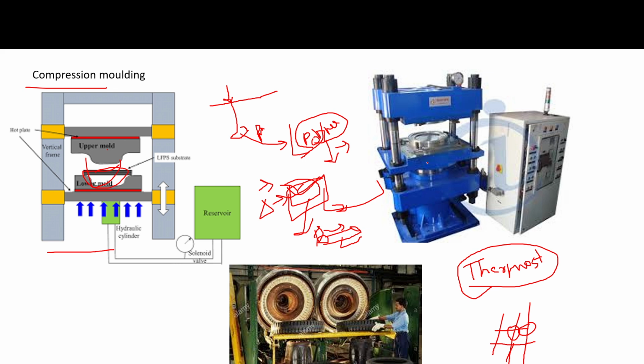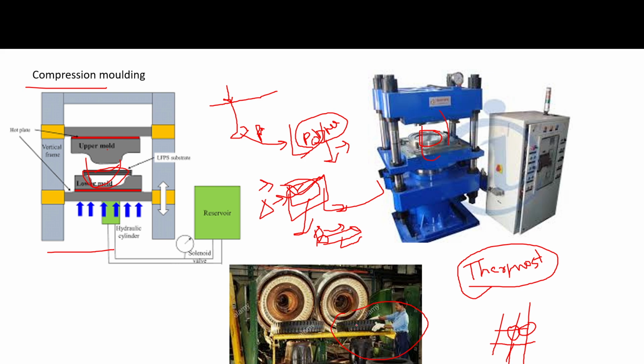This is an example of a compression molding machine. There is an upper mold and a lower mold. You place your polymer sample here, then you press it as the upper mold comes down. Here you apply some pressure and some temperature to melt the polymer, and then it gets the final shape of the material. Tires, for example, are generally made by this compression molding machine.